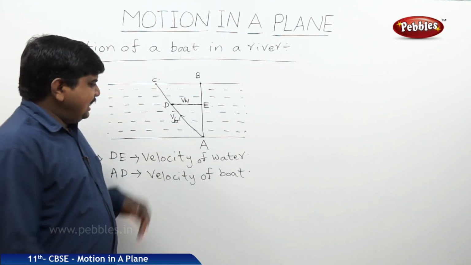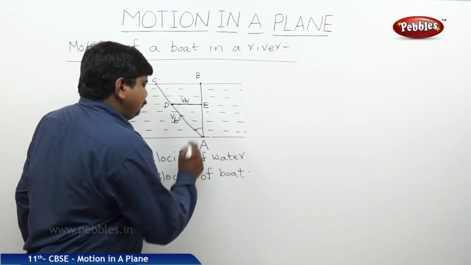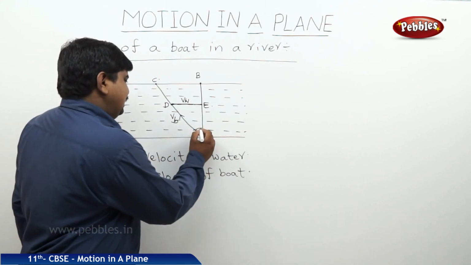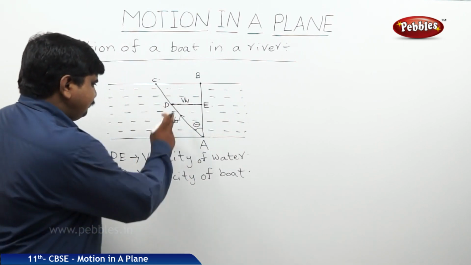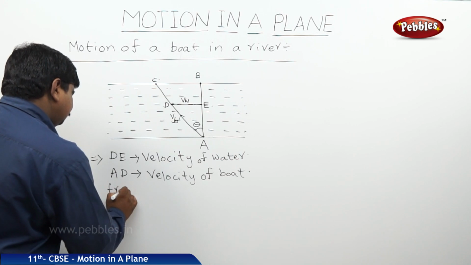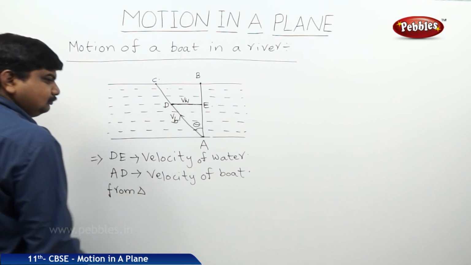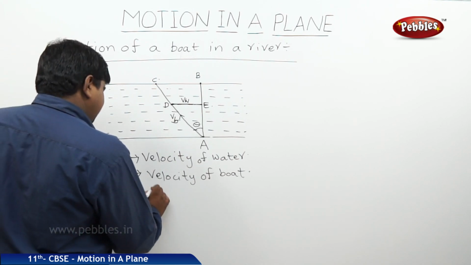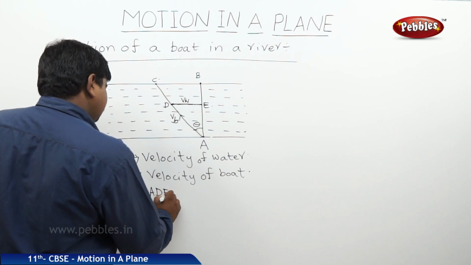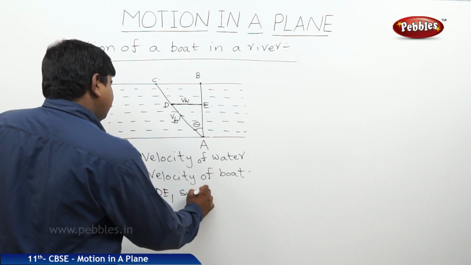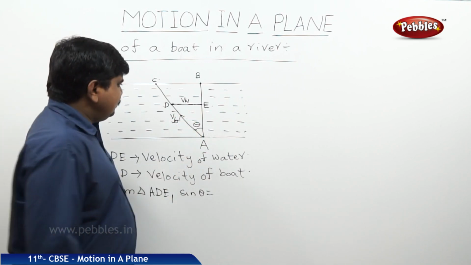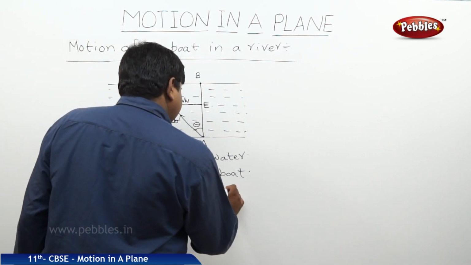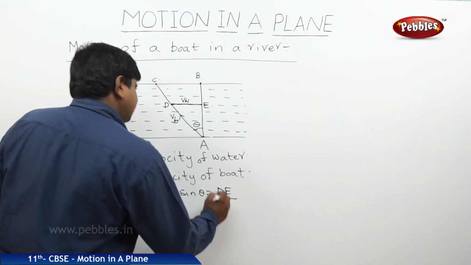With respect to A, the direction of the velocity of the boat makes an angle theta. From the triangle ADE, sin theta is equal to opposite side by hypotenuse. Opposite side is DE, hypotenuse is AD.